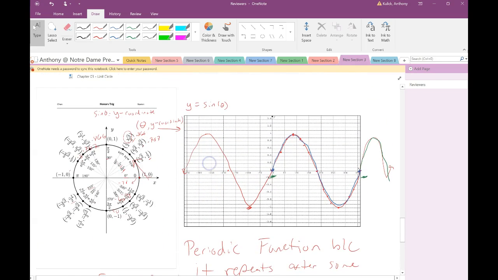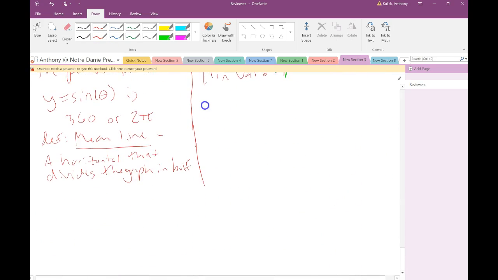So for us up here, the mean line is just going to be the x-axis, right? Because I notice that I have half of the graph that'll be above and another half that'll be below. Everybody okay with that idea? So for sine theta, y equals 0, or the x-axis, is the mean line.